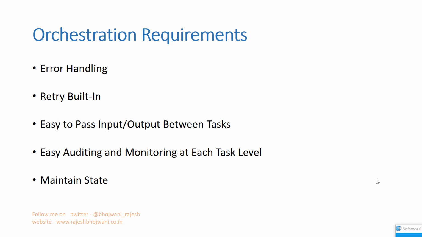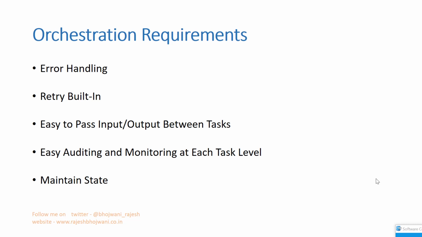Now, when we have multiple steps running, multiple functions running for your workflow application, then monitoring becomes an important task, because we need to know at what step what function is failing, due to what reason, and that is required for debugging.